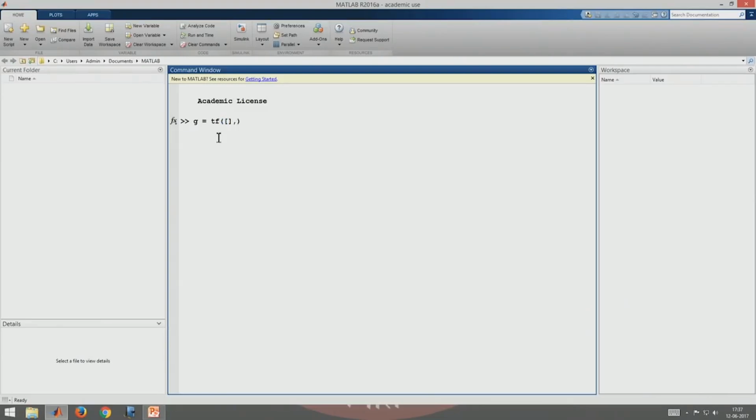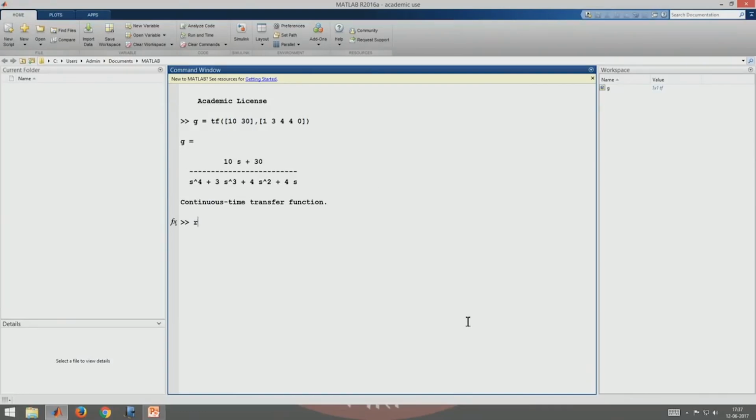In the numerator I will have 10 and 30, and in the denominator I will have a fourth order polynomial: s^4, s cube, s square, s to the power 1 and 0. I just write the earlier transfer function in this way, and this is what I get.